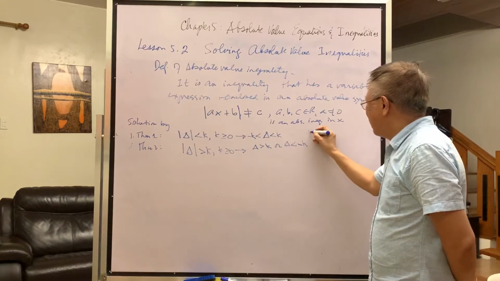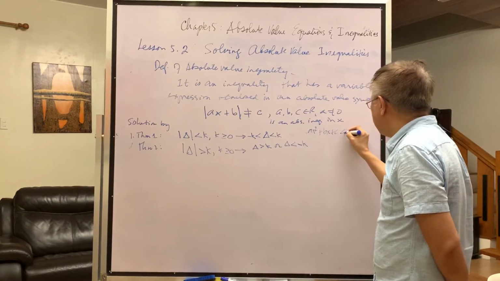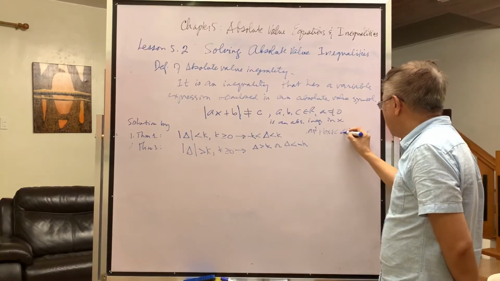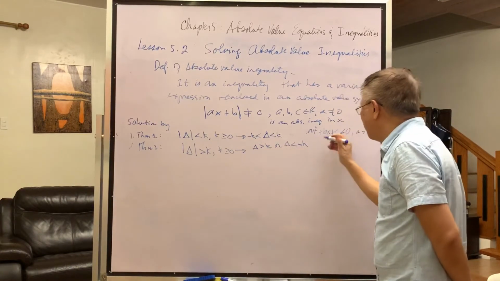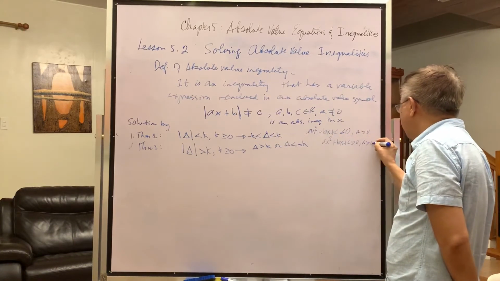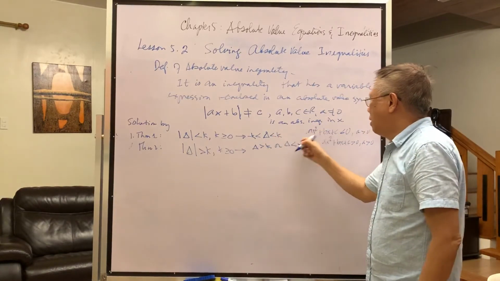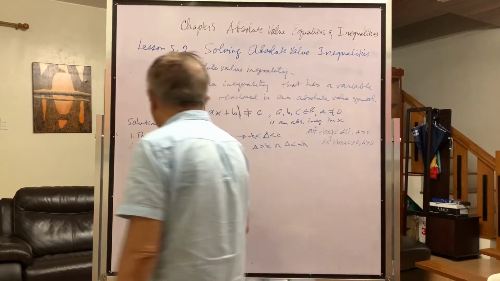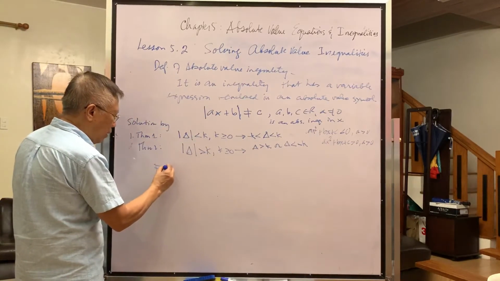Say the quadratic inequality ax squared plus bx plus c less than 0, where a is positive: the solution is towards each other. And the solution of ax squared plus bx plus c greater than 0 for a positive is going in the opposite direction. So these are related.